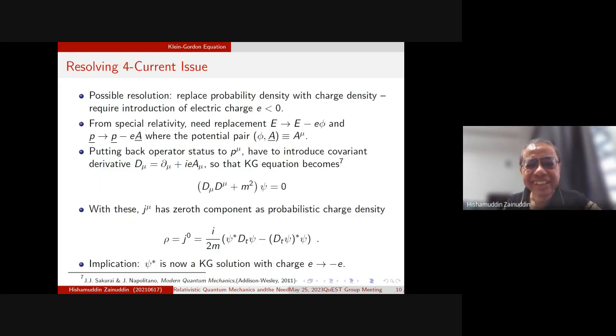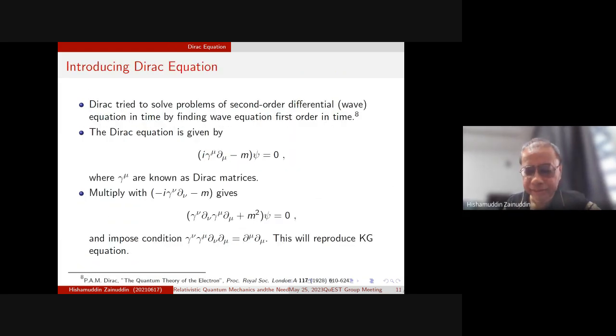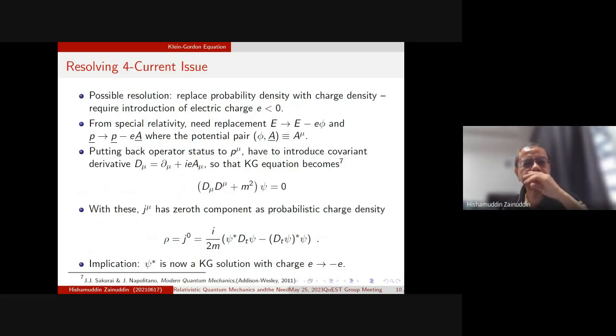One of the problems we know from here is that in the non-relativistic Schrodinger equation, things become simple because it's first order in the time derivative. Remember, your time derivative is related to the energy. When it goes to second order, things become complicated because you have to consider negative energy.